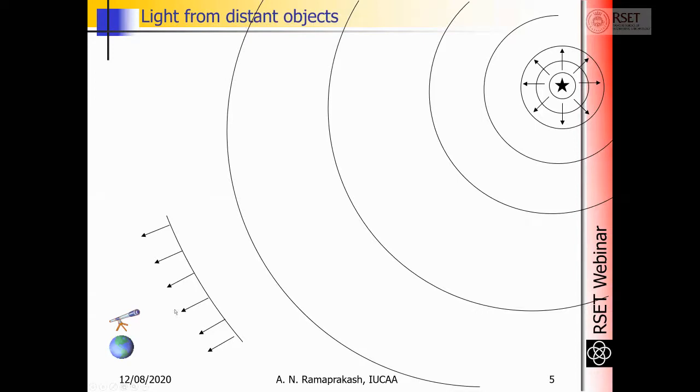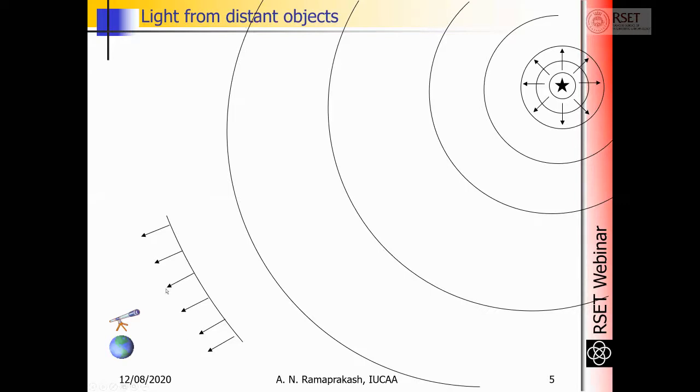Now, if I take a telescope here, and the telescope is this big, I hope you can see my cursor. If the telescope is this big, you will collect that much light from that star. So depending on the diameter of your telescope, its collecting aperture, you collect more light from the same star, and that star appears brighter to you.